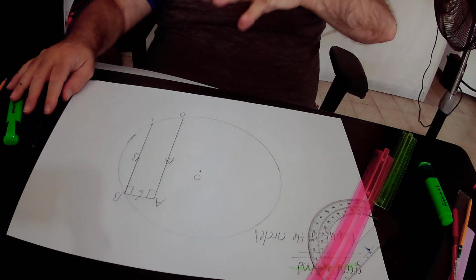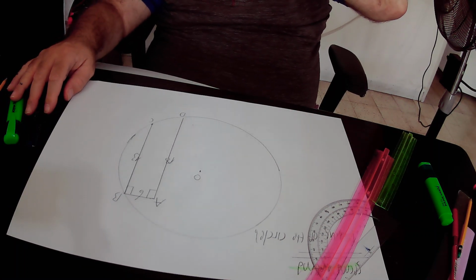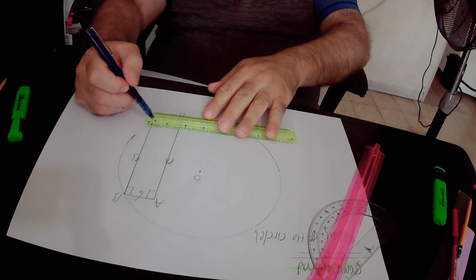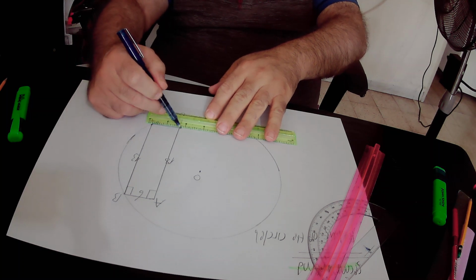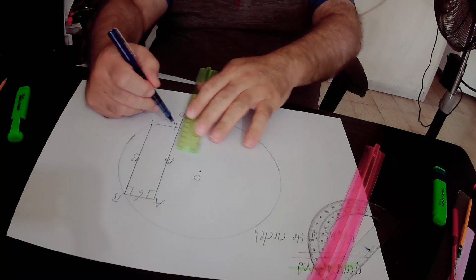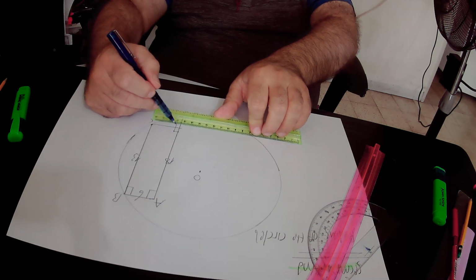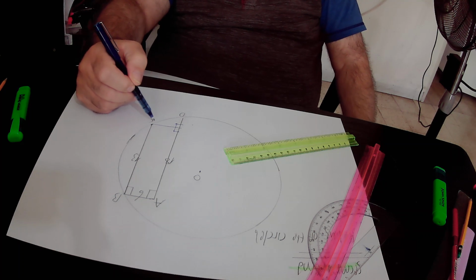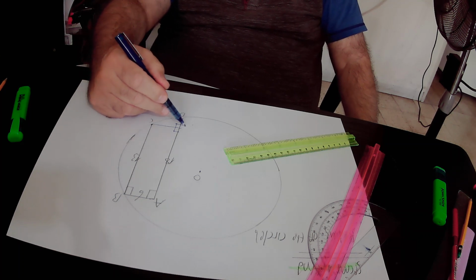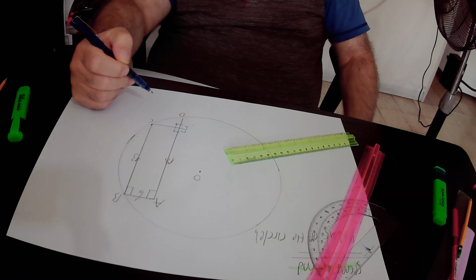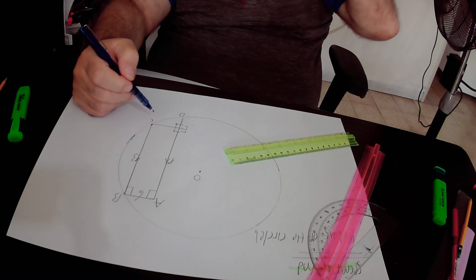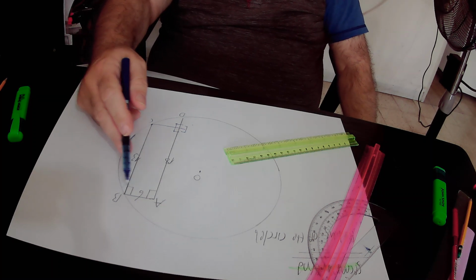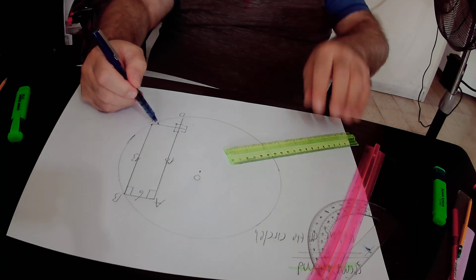So I will not repeat what we have already found in the first method. Here from point C we draw a perpendicular on AD. So this angle equals 90 degrees, and this angle also equals 90 degrees according to our construction. We define the touching point of the perpendicular from point C on AD as E. Quadrilateral ABEC is a rectangle.